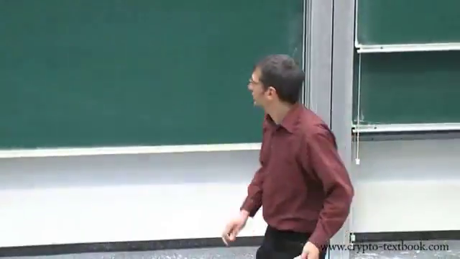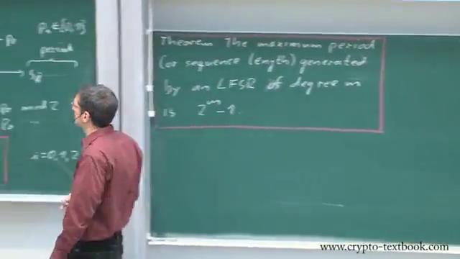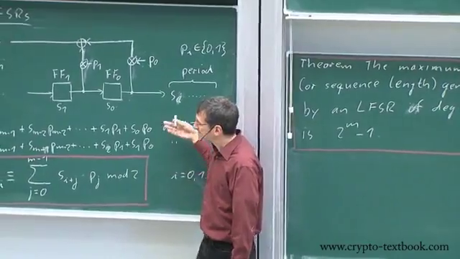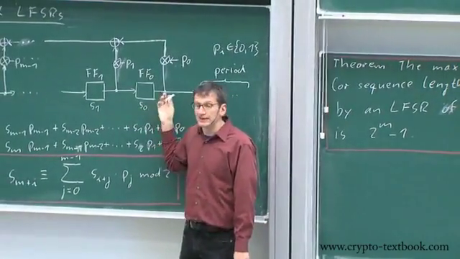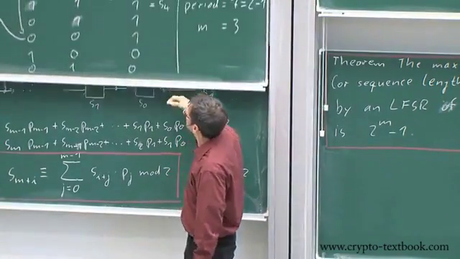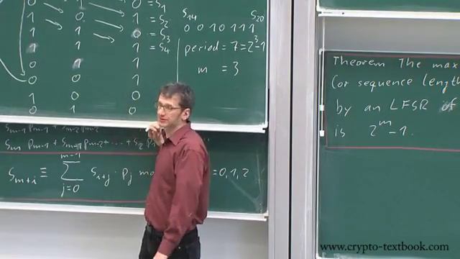There's a proof in the book, and maybe I just motivate the proof a little bit. What's happening here is that as soon as you have one state, the state, the Zustand, is simply the bit pattern stored in the flip-flops, right?